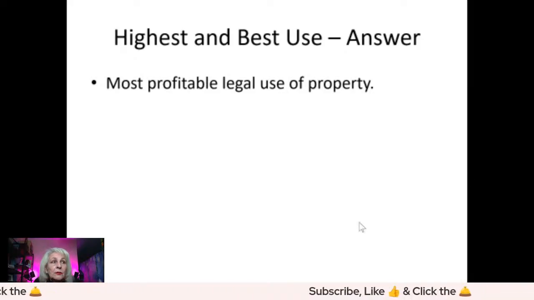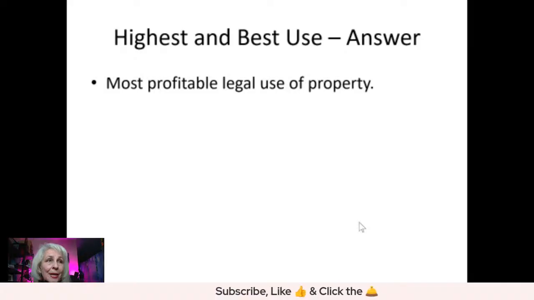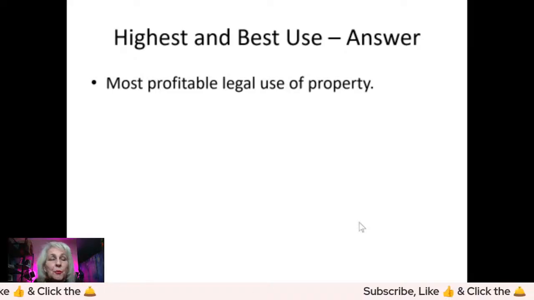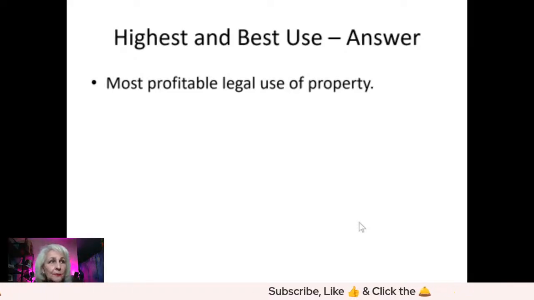So we find out the highest and best use of a particular property, which one is going to be more profitable.